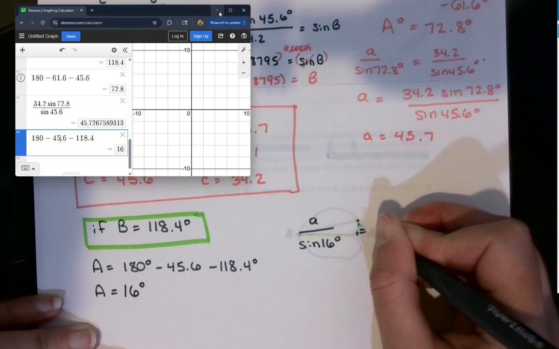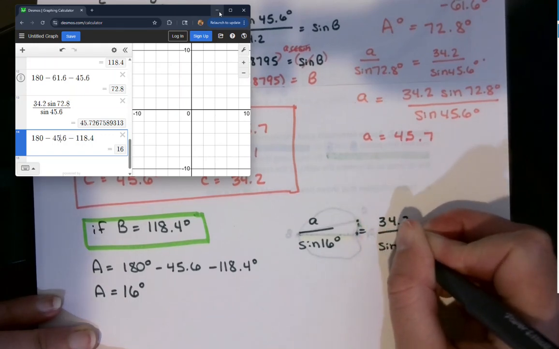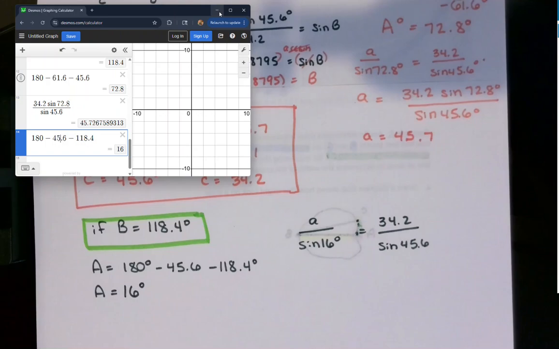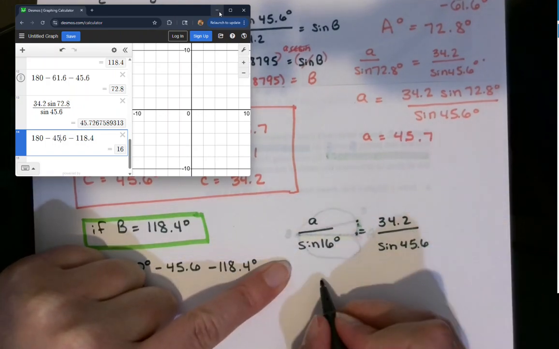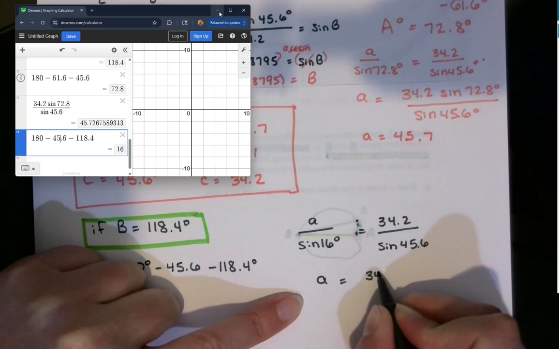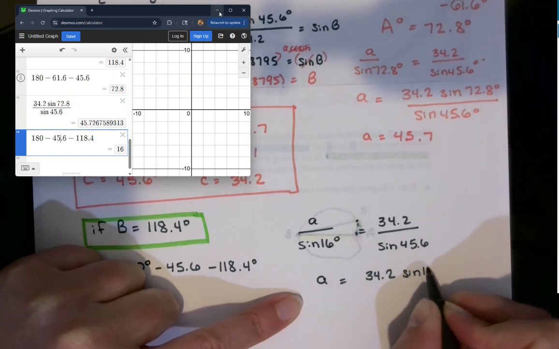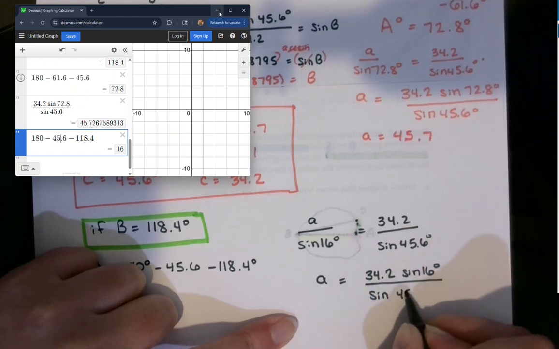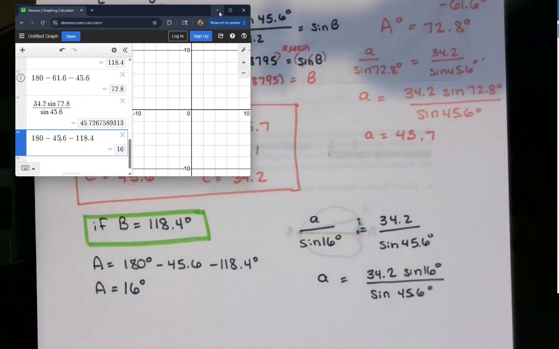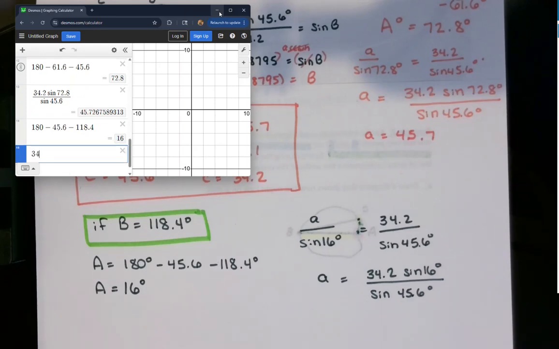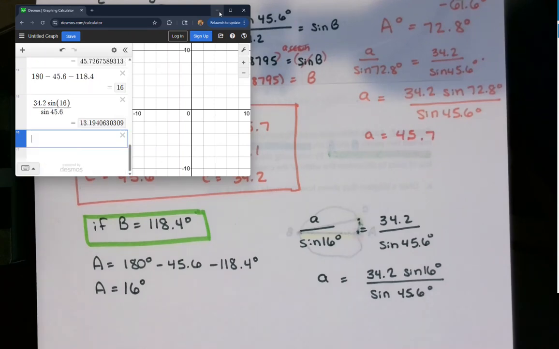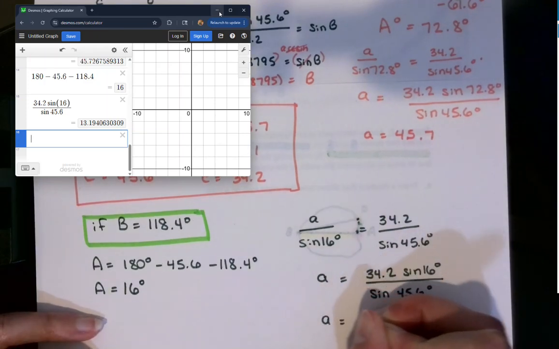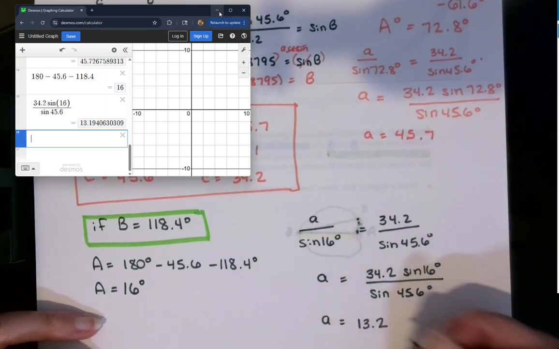So the 34.2 for side C over the sine of the 45.6 for angle C. And we're going to multiply the sine of 16 over. So 34.2 times the sine of 16 degrees over the sine of the 45.6 degrees gives us a measure for side A of about 13.2.